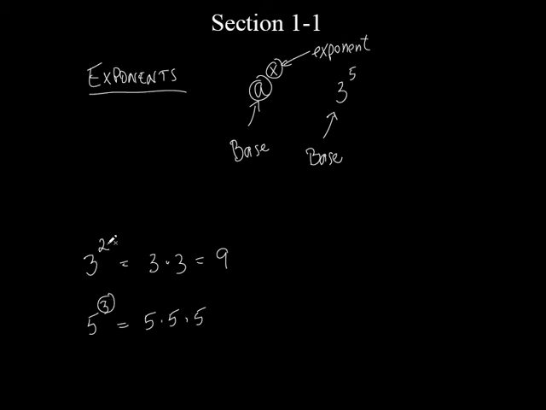That's really the only two that we have special words for. We have 3 squared, 5 cubed, or you could say to the 2nd power or to the 3rd power. But it's a little quicker saying squared and cubed. All right, so you multiply those together. 5 times 5 is 25. 25 times 5 is what? It's 125. All right, so that's the kind of stuff that we're doing.